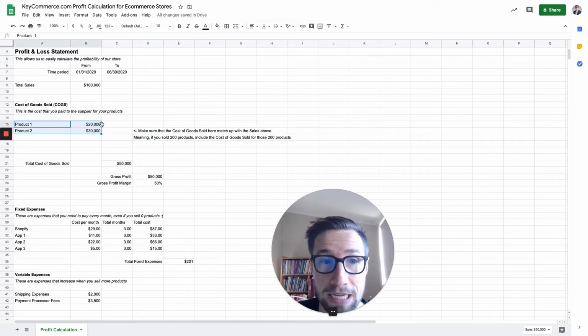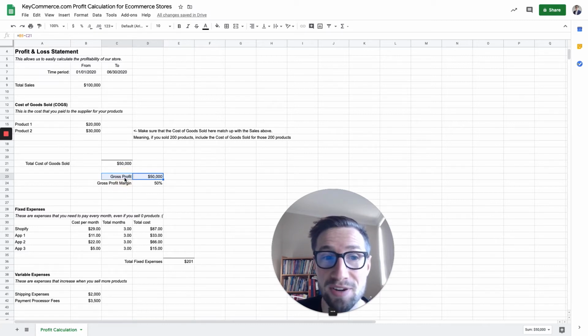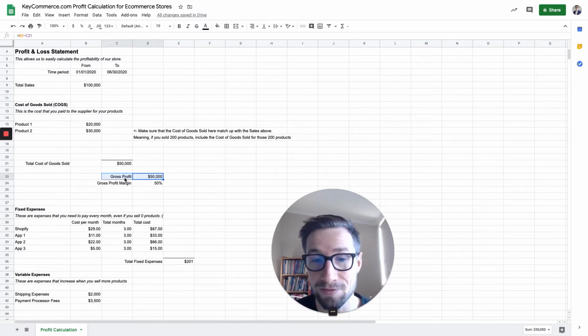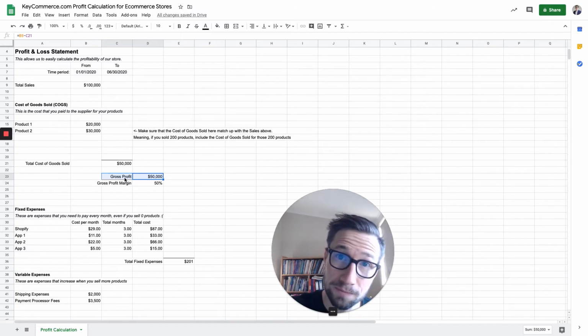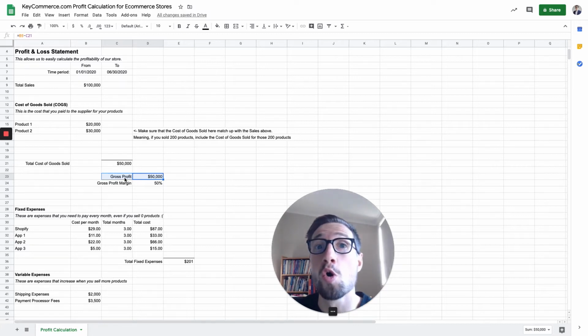That's the important thing here, because what we're trying to work out is our gross profit. Gross profit is the profit after you sell your products, but before all your other expenses. This is very important and something that a lot of people don't understand. You have two types of profit, gross profit and net profit. Gross profit is after your product costs, but before all your other costs.